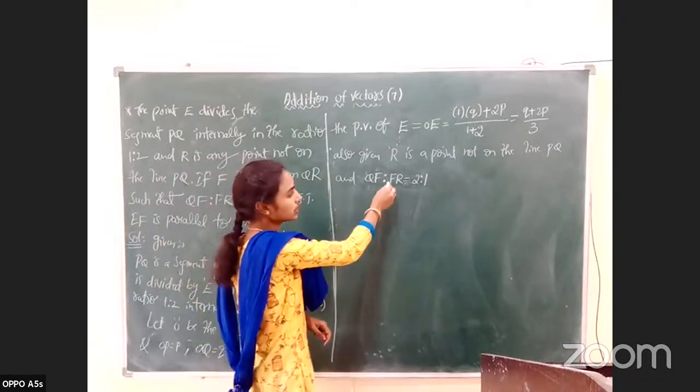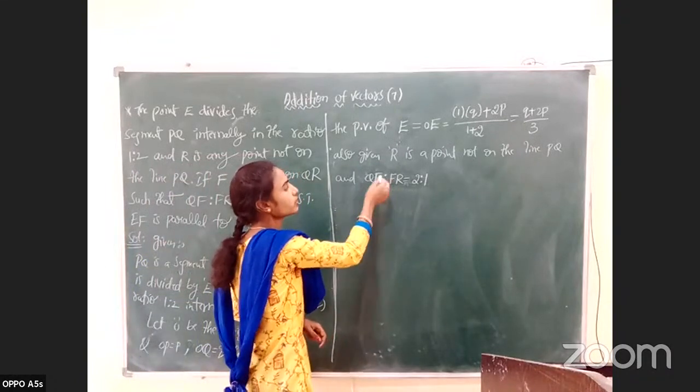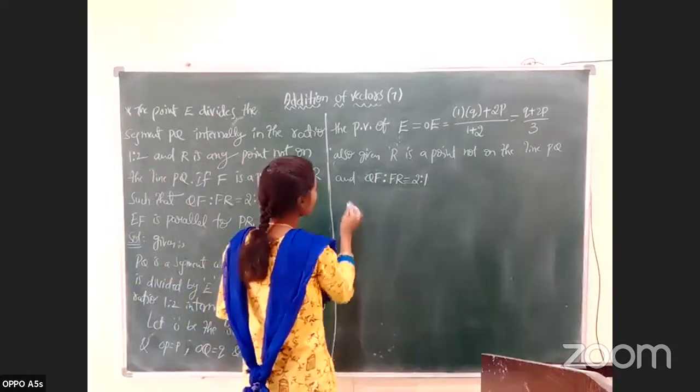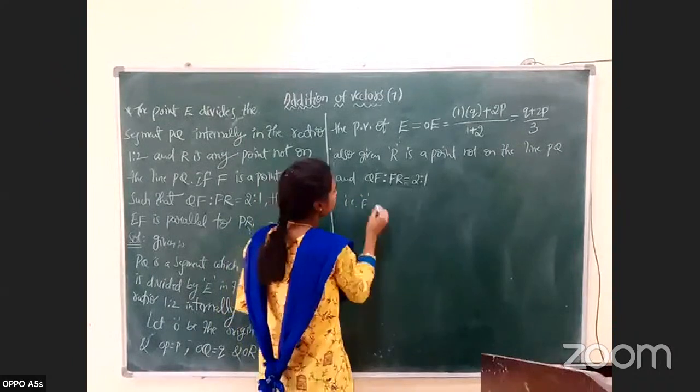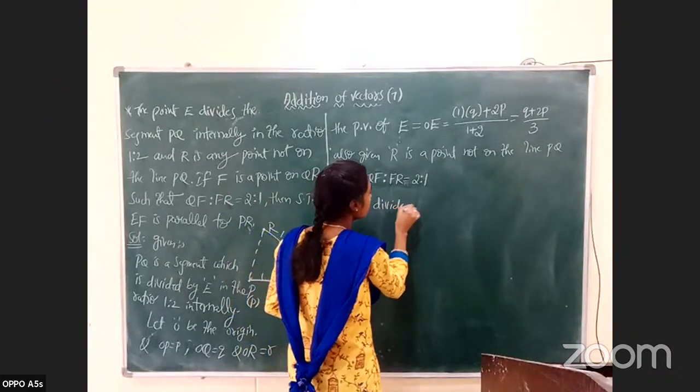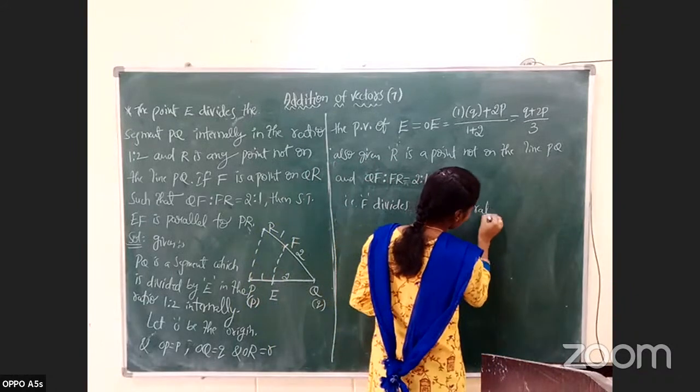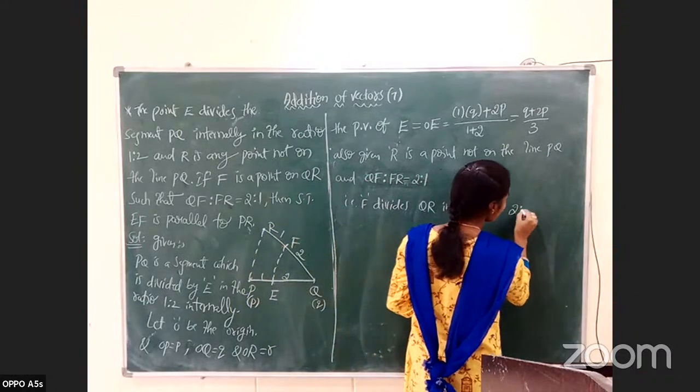So by using this ratio and the position vectors, we can find the position vector of F. F divides QR in the ratio 2 is to 1.